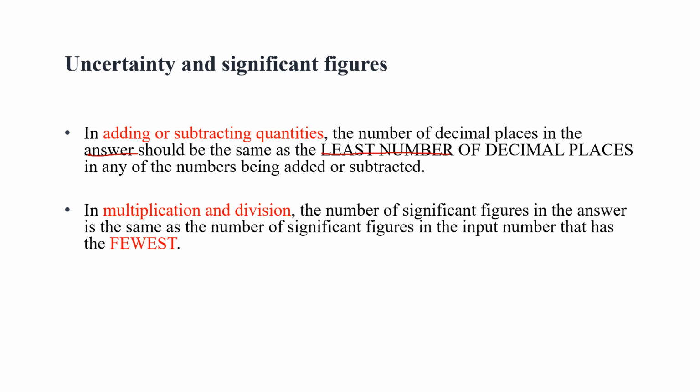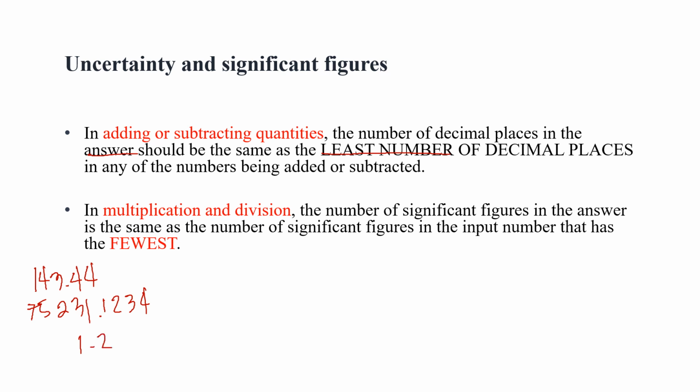Let's have an example. Let's say I have 3 numbers that I want to add. The first number is 143.44, the next number is 75,231.1234, and the last number is 1.2.